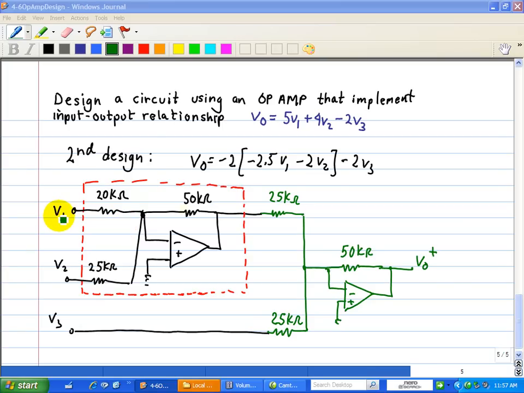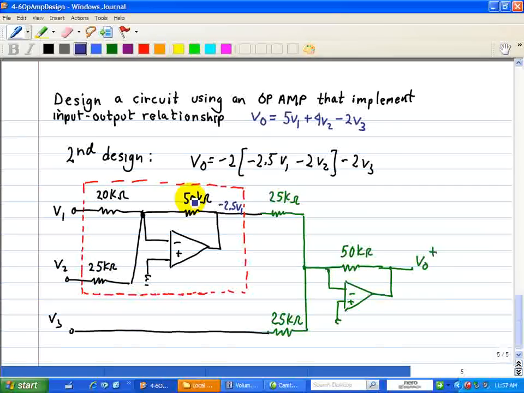So -2.5 times V1 is shown here, and then 25K and 50K. So 50K divided by 25K for V2 is a gain of -2. So that implements the one in brackets.